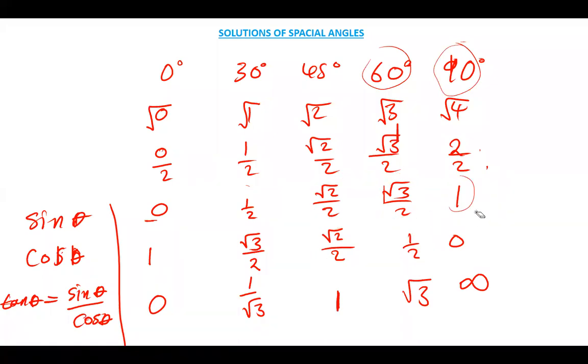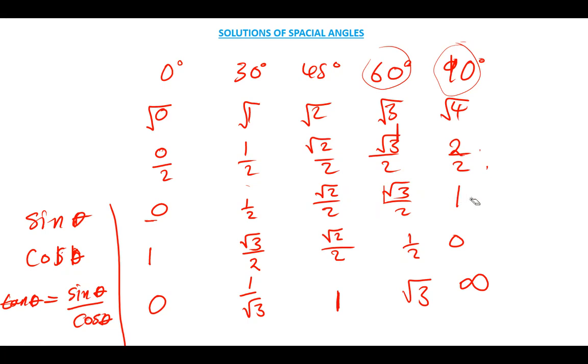So remember the first step which I took, I first wrote numbers from 0 up to 4. And then from there, I square rooted all the numbers. Then afterwards, I divided every number by 2. After dividing all the numbers by 2, the solutions that I got were the solutions for sine theta. And then to write the solutions for cos theta, I simply wrote the same solutions for sine theta, but in the opposite way.